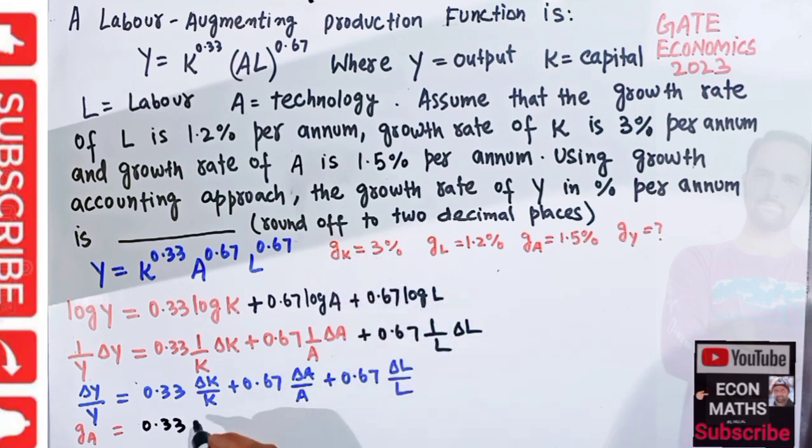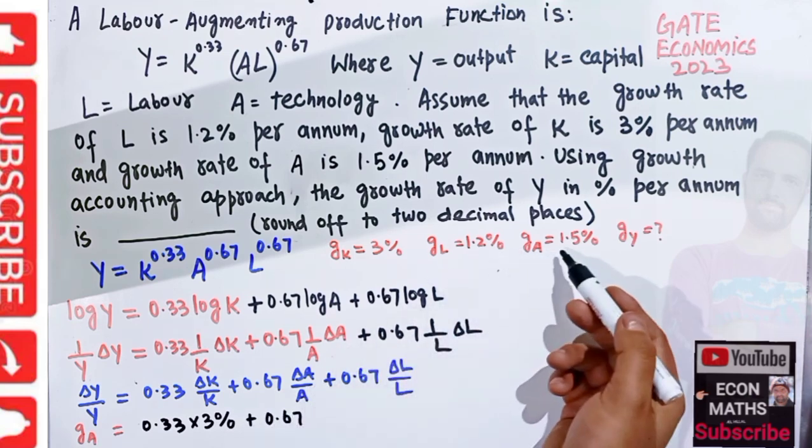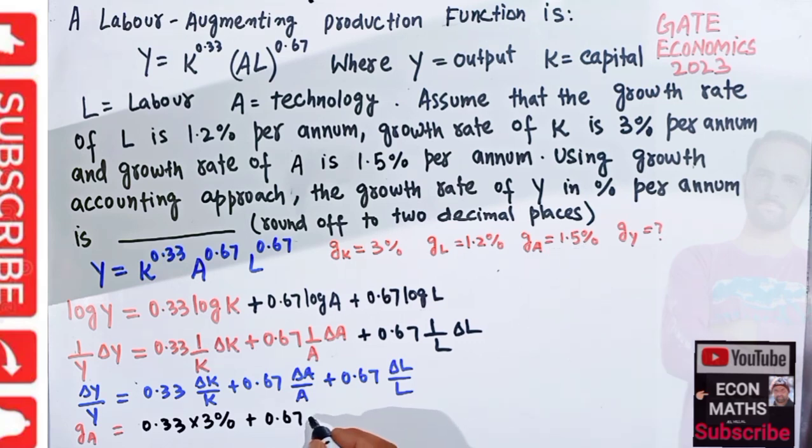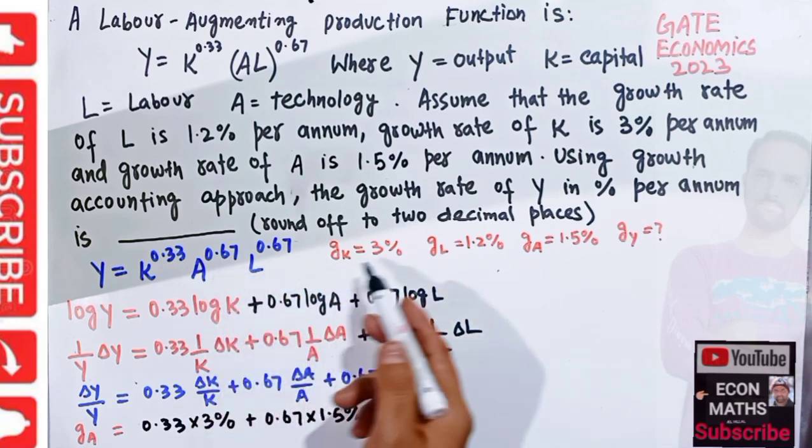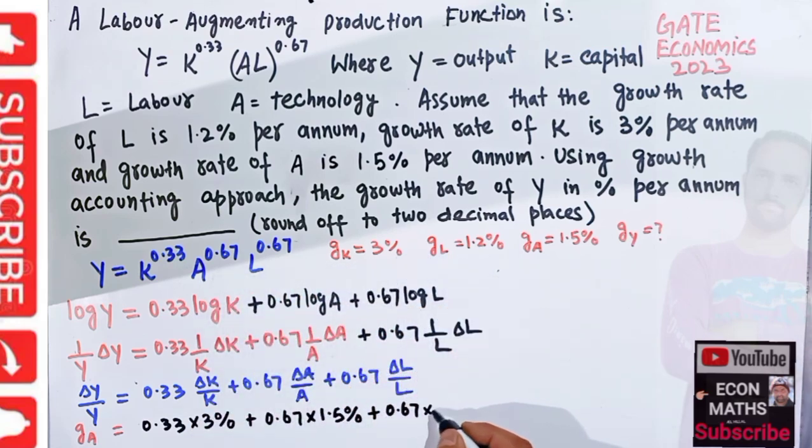Growth rate of capital is 3%, so we multiply it by 3%, plus we have 0.67. Growth rate of state of technology is being given to us as 1.5%. So we multiply it by 1.5%, plus we have 0.67 again. Growth rate of labor is being given to us as 1.2%.